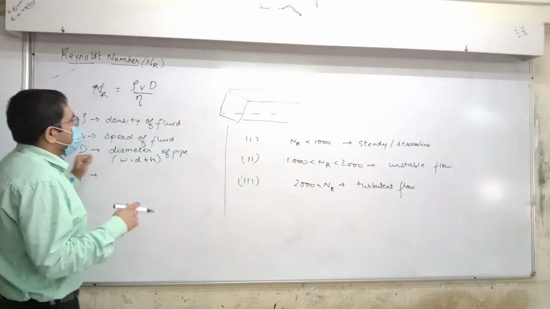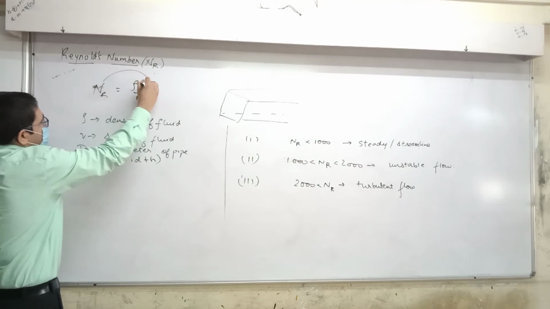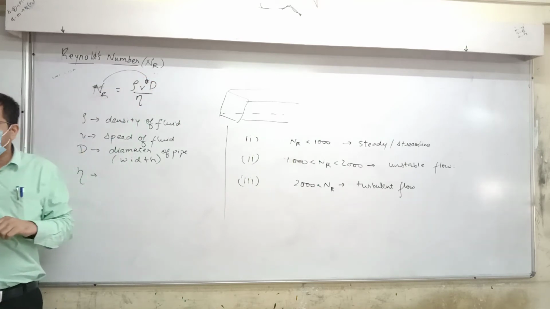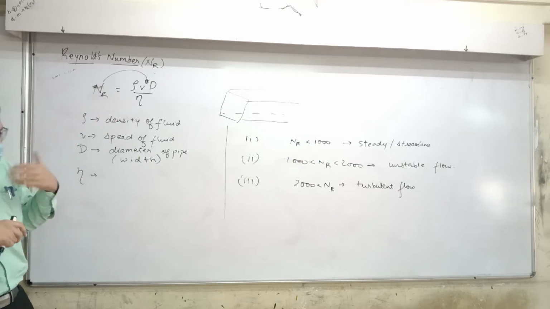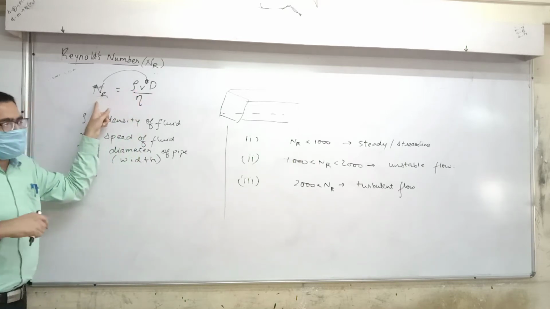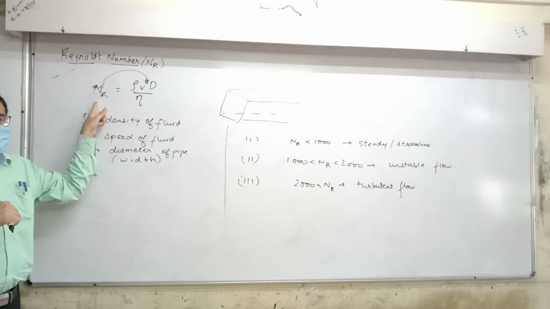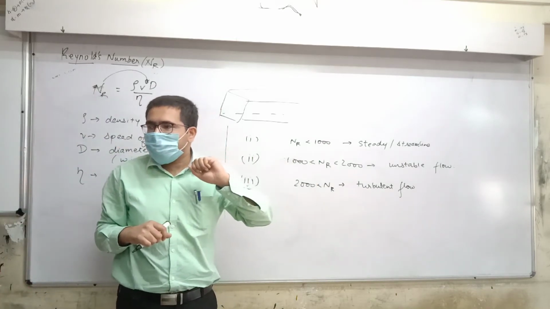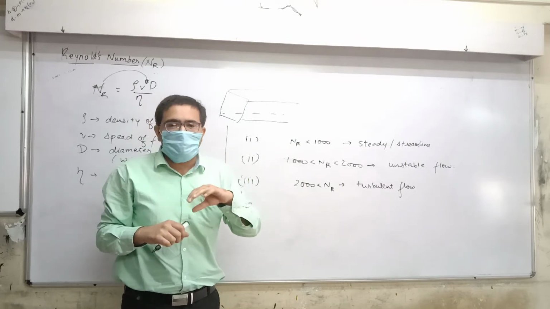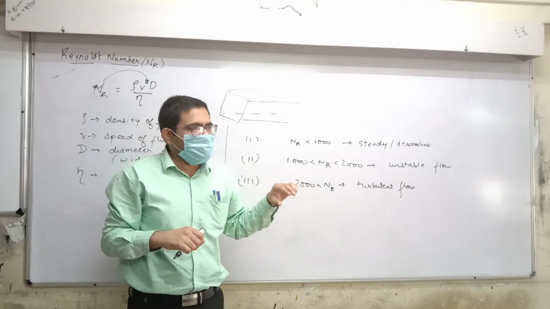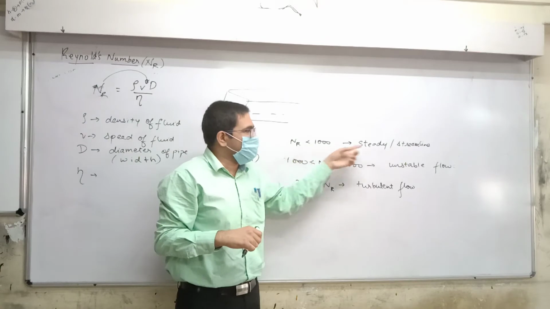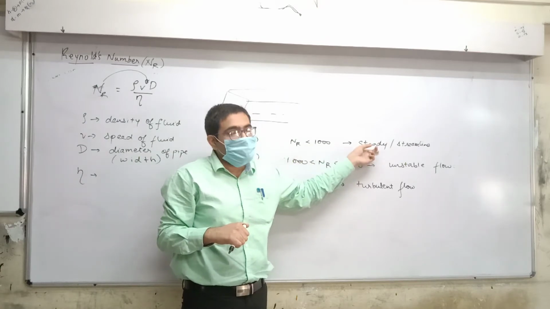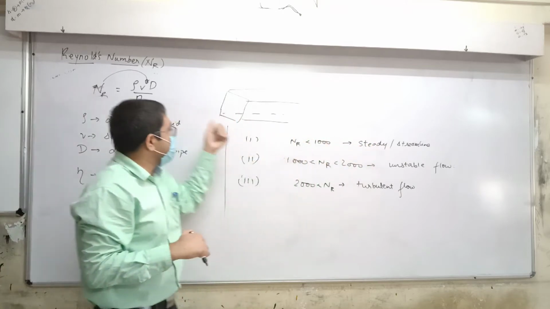One thing to note is that N_R depends on V, correct? Yes, N_R depends on V, that is speed. The higher the speed, the higher the N_R. What that means is when fluid flows slowly, it is likely to be streamlined, because N_R would be less.